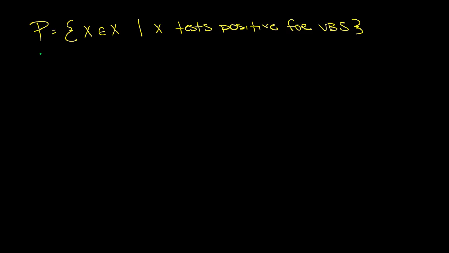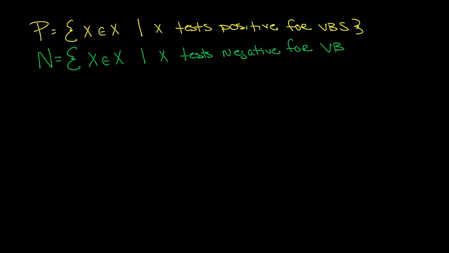And let's let N, for negative, be the set of x in X such that x tests negative for VBS. So again, you take the test, the clinician looks at the test, turns red or whatever the test needs to do, and indicates you test negative. Doesn't mean you're in the clear, doesn't mean you're okay, it just means you tested negative.